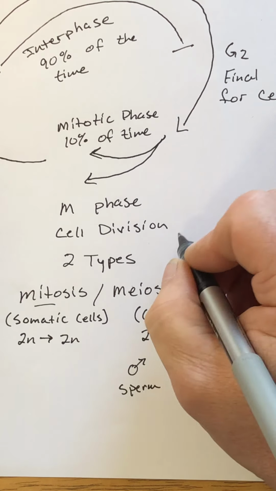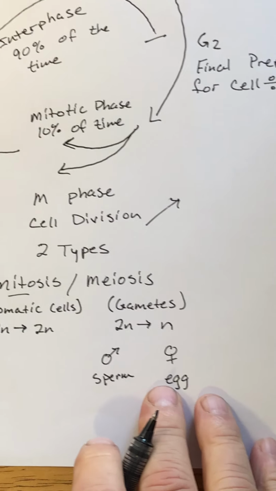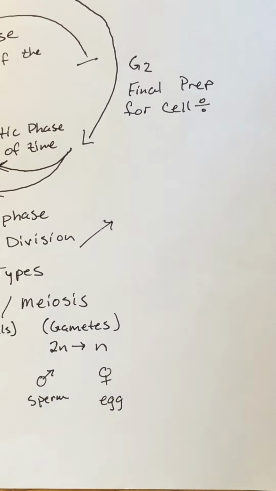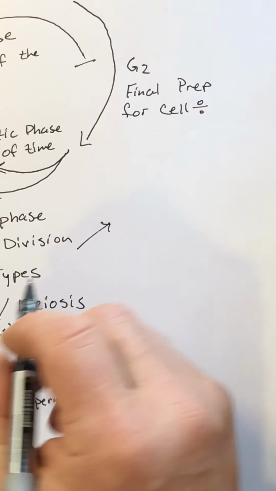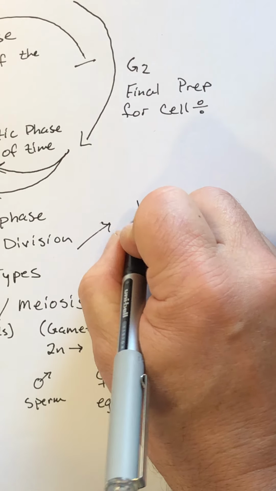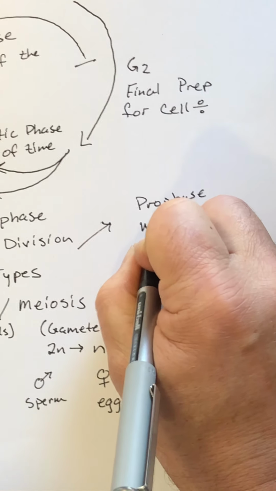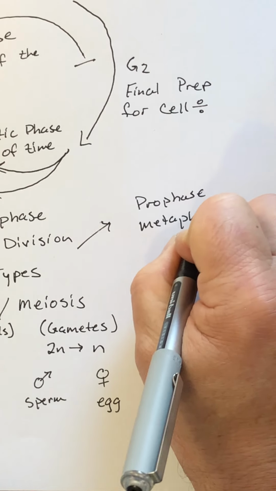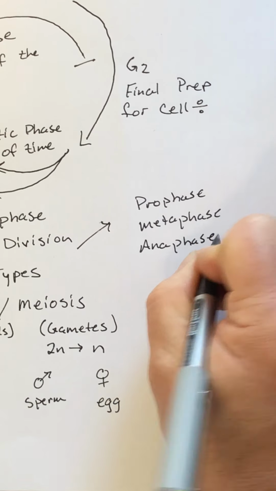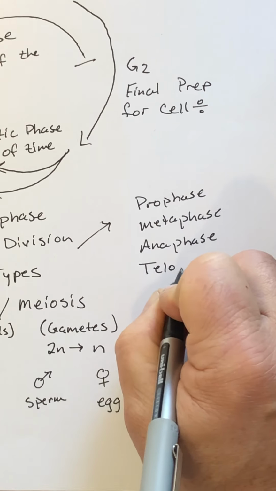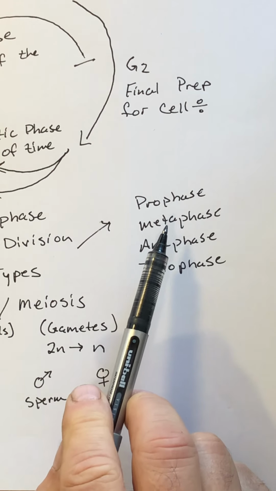If we break this M phase down, and you may have seen these terms before. So we have interphase, which is kind of the first three stages of the cell cycle. And then if we break the M phase down, that can be broken down into prophase, metaphase, anaphase, and telophase. You might see pro-metaphase mentioned in the book from time to time.